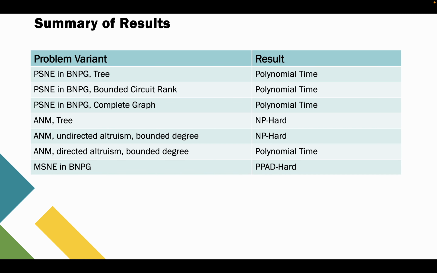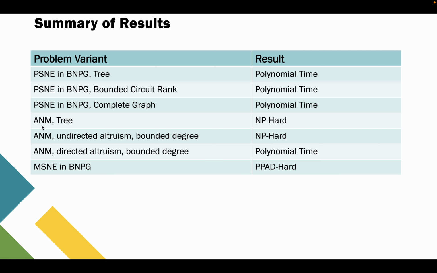So we again summarize our results. If we want to decide the existence of PSNE in a BNPG game on a tree, graphs with bounded circuit rank, or a complete graph, we have polynomial time results.